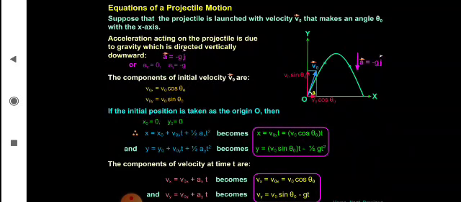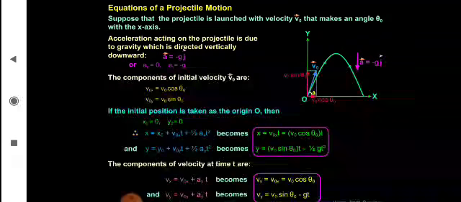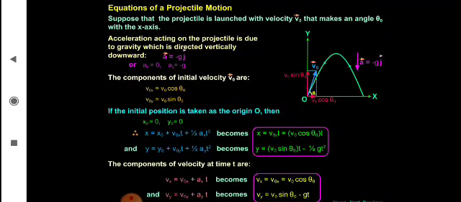Now let us study the equation of projectile motion. Suppose that a projectile is launched with a velocity vector v naught that makes an angle theta naught with the x-axis. Observe the diagram: along the x and y axis, an object is thrown into space with the initial velocity vector v naught, making an angle theta naught with the x-axis.